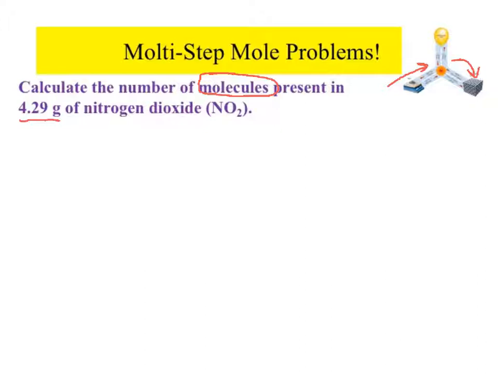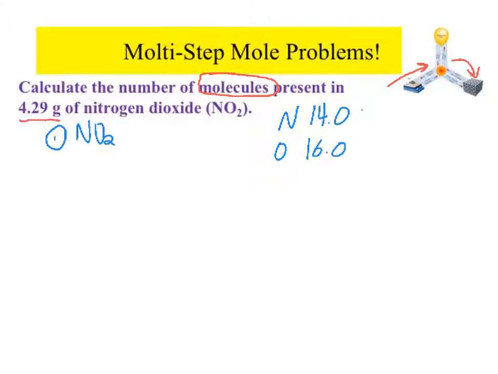So I'm going to go ahead and write in blue for the first step. To go from grams to moles, I'm going to need a gram formula mass, or a molar mass, of NO2. So that's exactly what I'm going to do. I'm going to have nitrogen and oxygen. The mass for nitrogen on the periodic table is 14.0. The one for oxygen is 16.0.